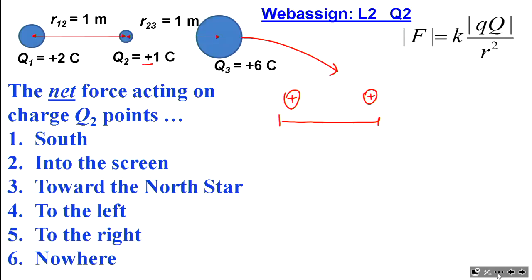And because we can read, we can see they both are positive. And what does it mean? What do we know about charges now? Repulsion, they repel each other. So now we have to choose what force we want to draw. We can draw a force acting on the left charge from the middle charge, or we can draw a force acting on the middle charge from the left charge.